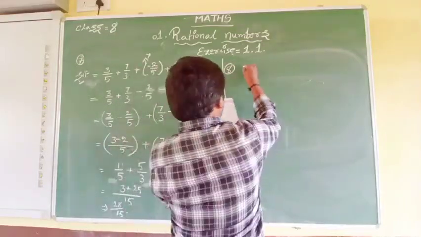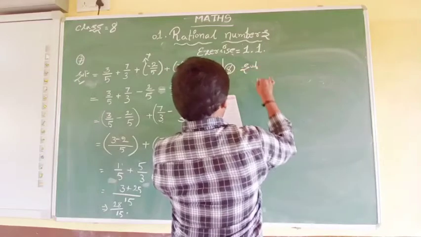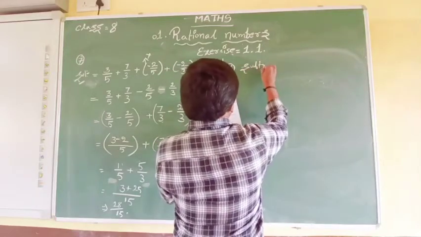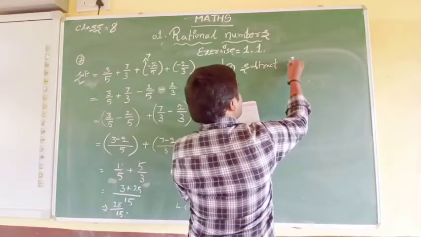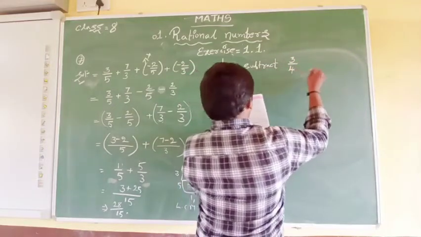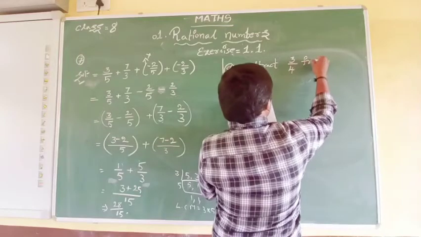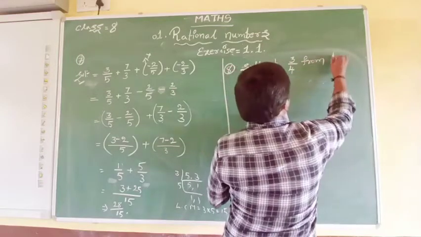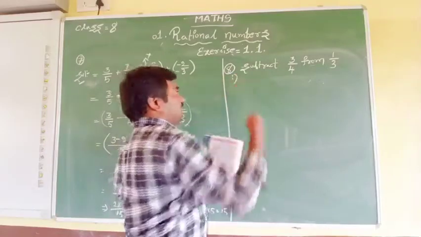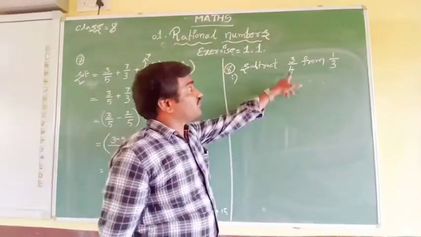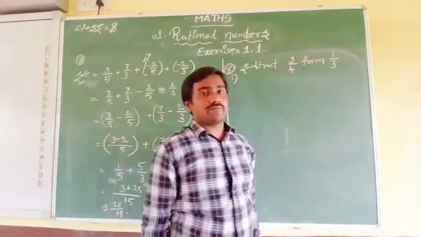Subtract 3 by 4 from 1 by 3. This is the first one I am doing in the 8th question. Subtract 3 by 4 from 1 by 3.